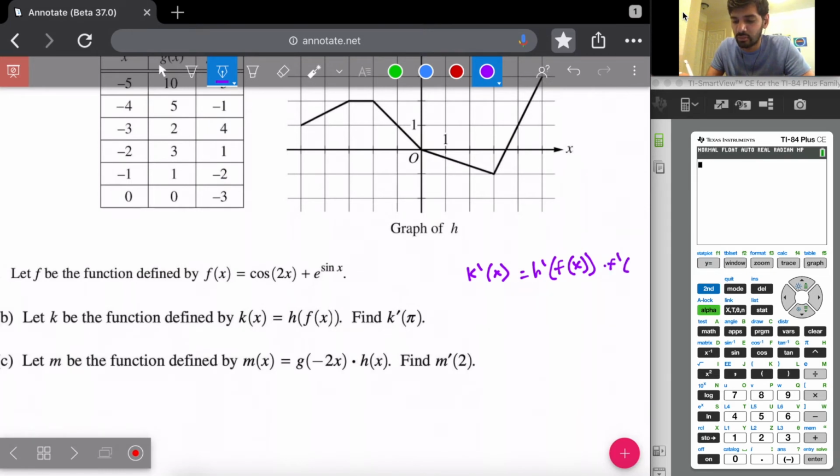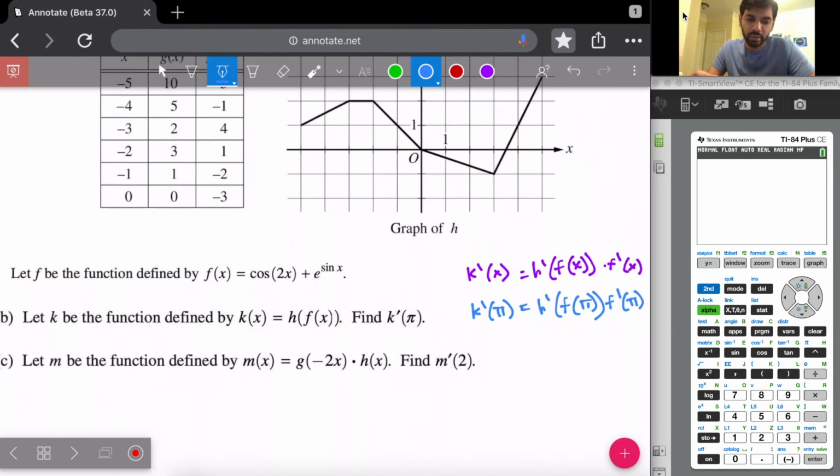This is the chain rule. So we have h prime of f of x times f prime of x. And now I just need to plug in pi. So k prime of pi is equal to h prime of f of pi times f prime of pi.